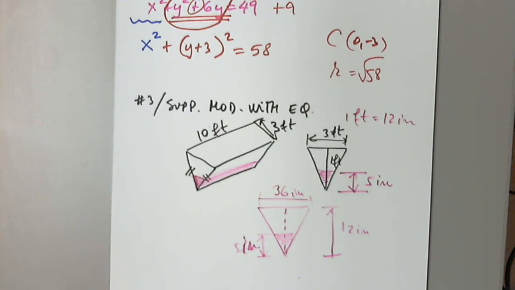It's better to consider the area of the triangle times the height, instead of the surface of the water times the height, because I don't know how to measure that. But if I have the area of the triangle times the height, then I can more easily determine the volume.